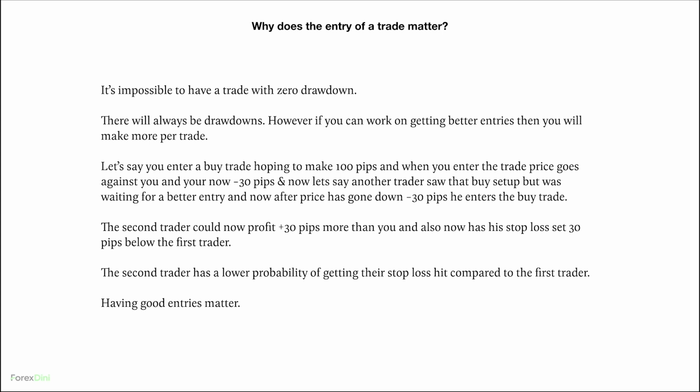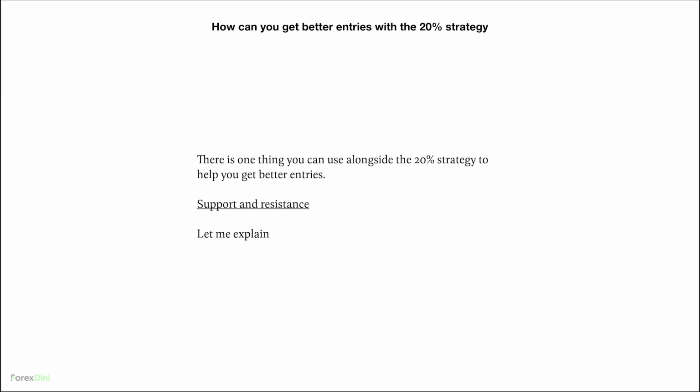The second trader could now profit 30 pips more than you, and also now has his stop loss set 30 pips below the first trader. The second trader has a lower probability of getting their stop loss hit compared to the first trader. Having good entries matter. How can you get better entries with a 20% strategy?